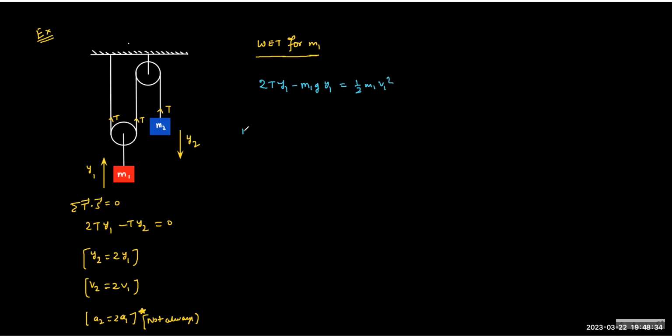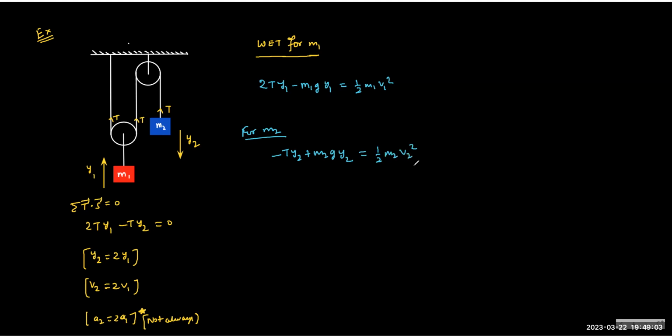And for M2, minus T Y2 plus M2 g Y2 is equal to half M2 V2 square.